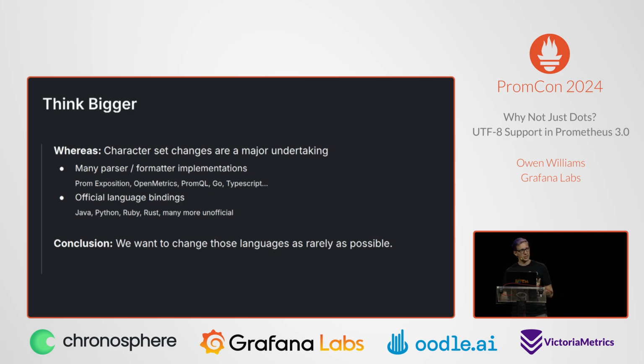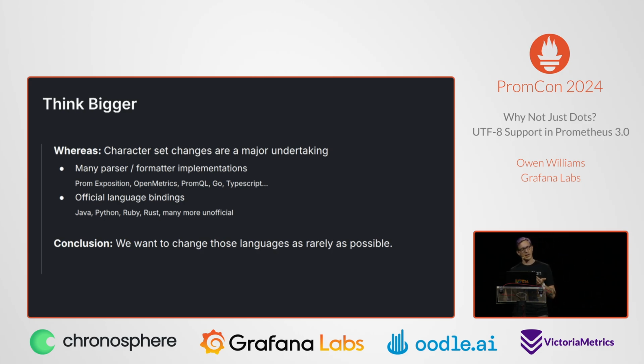The second issue is that changing the character set is actually a humongous undertaking, not on the individual implementation level, but on the whole set of things that are compatible with that language. It is not just PromQL. There's also the exposition format, which looks similar but is not quite the same.